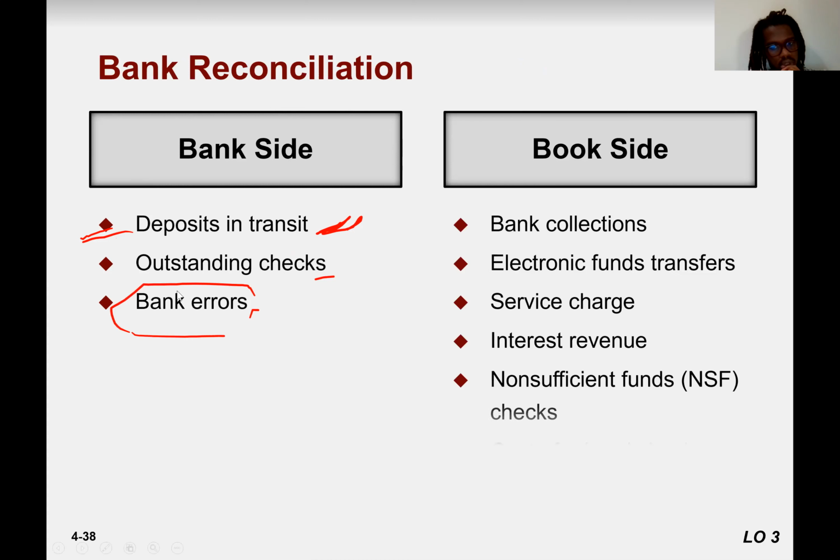But on the book side, bank collections: our cash is not equal to the bank cash. Why? Because we authorize the bank to collect cash on our behalf. We don't know how many customers or how much amount the bank has received. So our books don't have it. Electronic funds transfer: you enter your account and click enter, you transfer the funds. That is immediately deducted by the bank, but you didn't record it here.